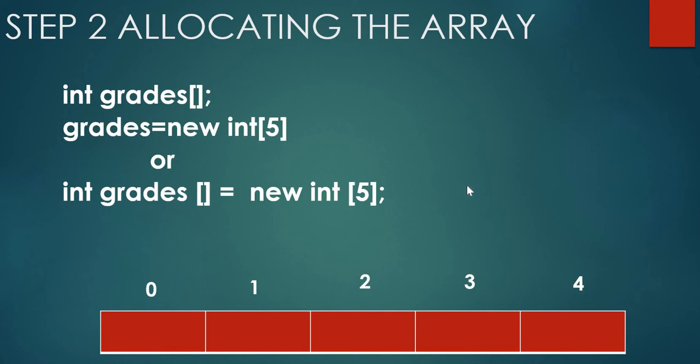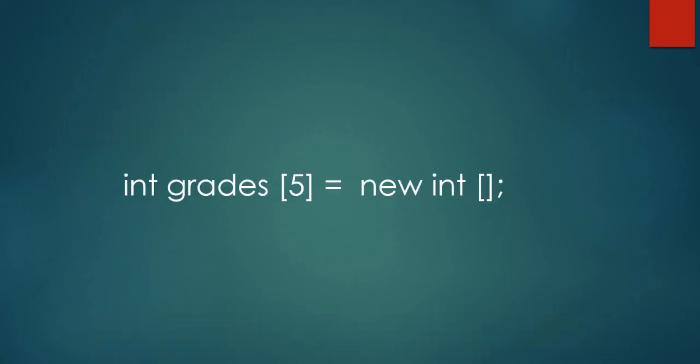Okay? And then, by the way, let's first read this statement. So you have int grades 5, new int. So this is wrong. This is an error in Java, because you write the number of elements here.